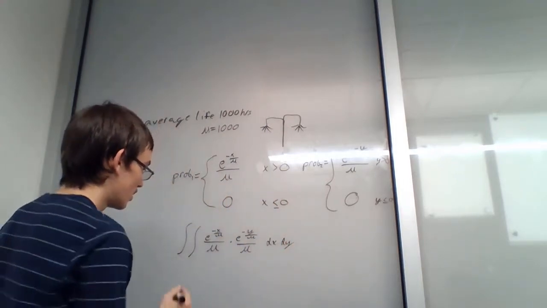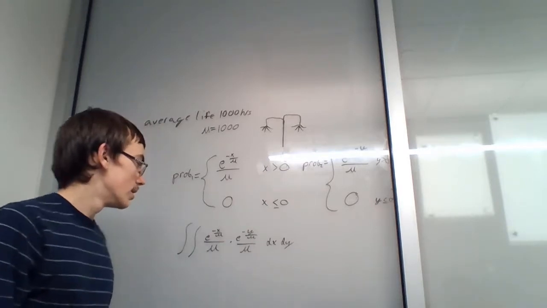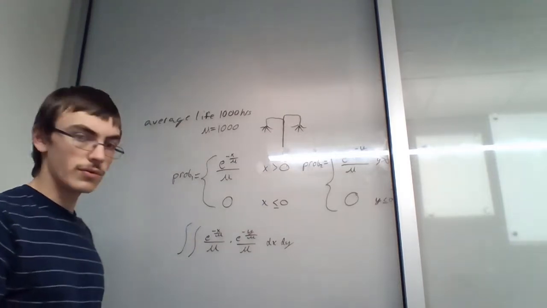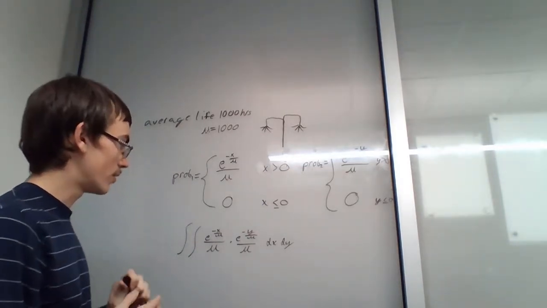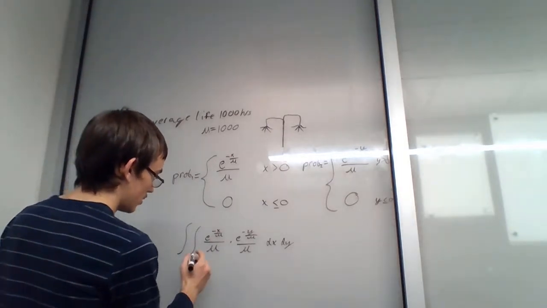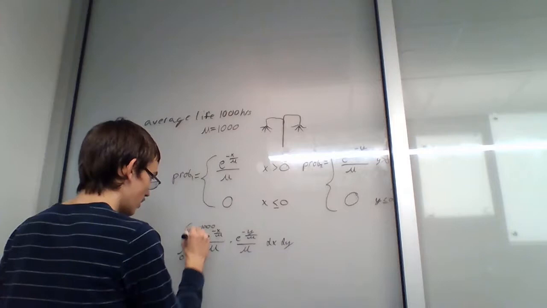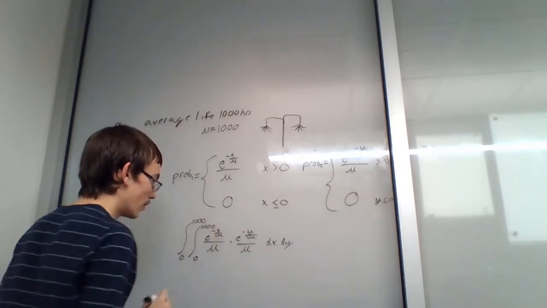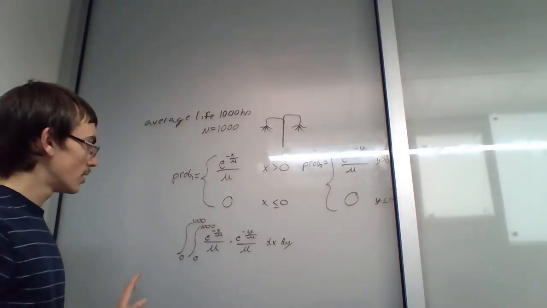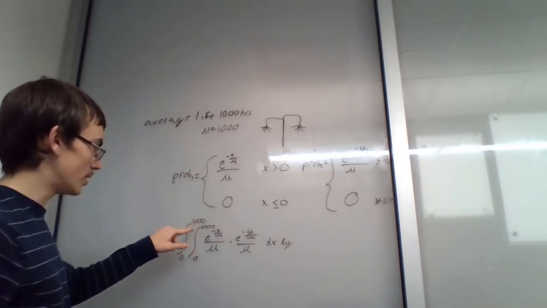Now here the limits of our integral are going to be the time that we want to find the probability for them blowing over. So for both bulbs it is 0 to 1,000 hours. If we wanted to know different times for the different bulbs, then we would need to put different numbers in these bounds.